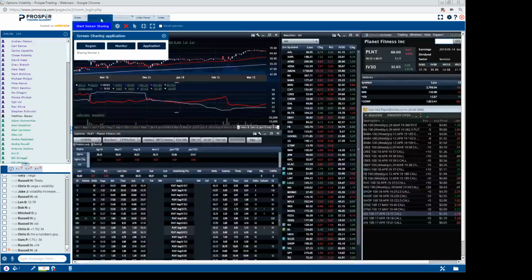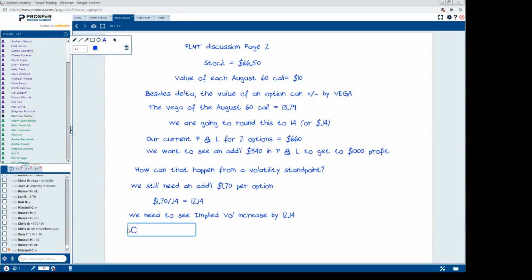Right now the current implied volatility is 36.9. Everybody see that? So current implied vol is 36.9.